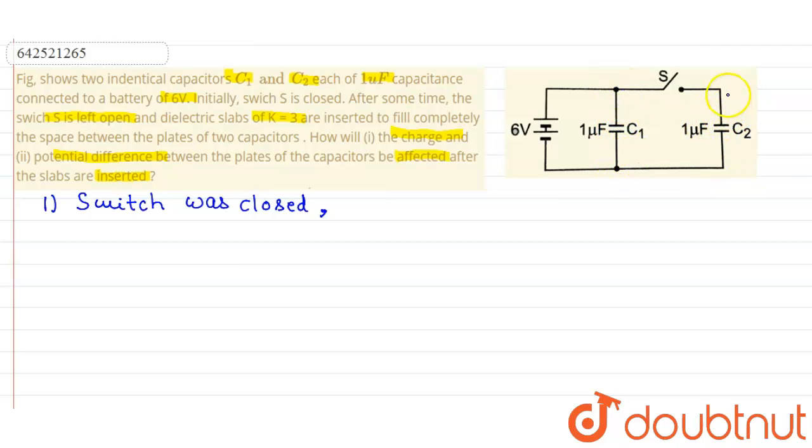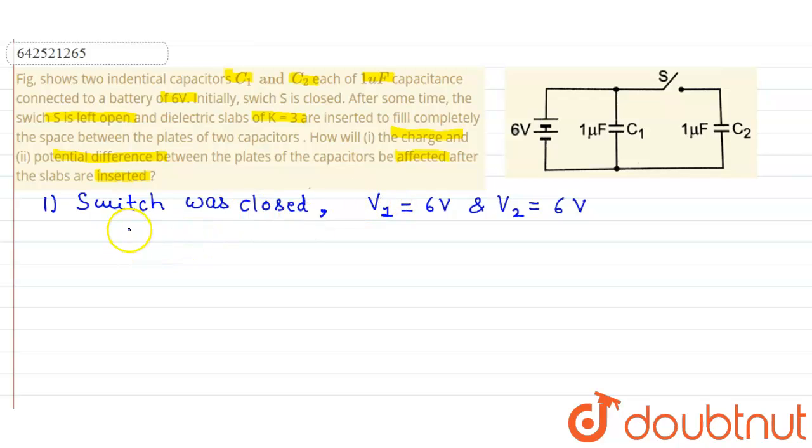So the potential difference remains the same across the plates of C1 and C2, and that is equal to the applied potential difference, 6 volt. So the potential difference across the first capacitor, V1, is 6 volt, and across the second capacitor, V2, is also 6 volt. That is when the switch was closed, before inserting the dielectric slab.